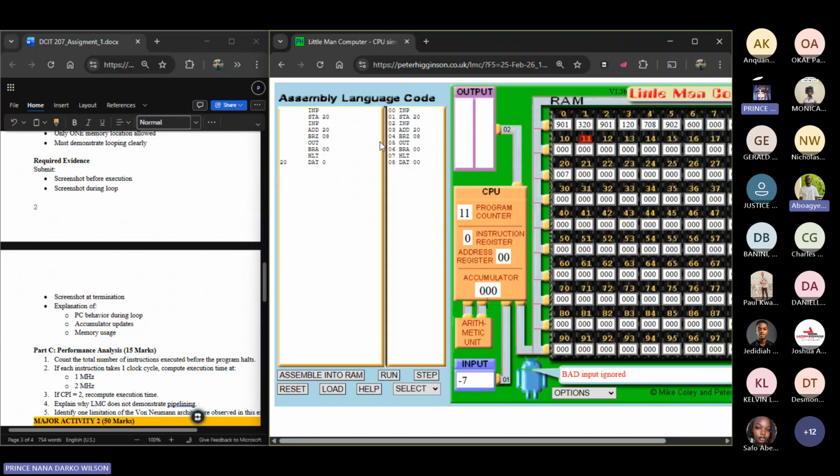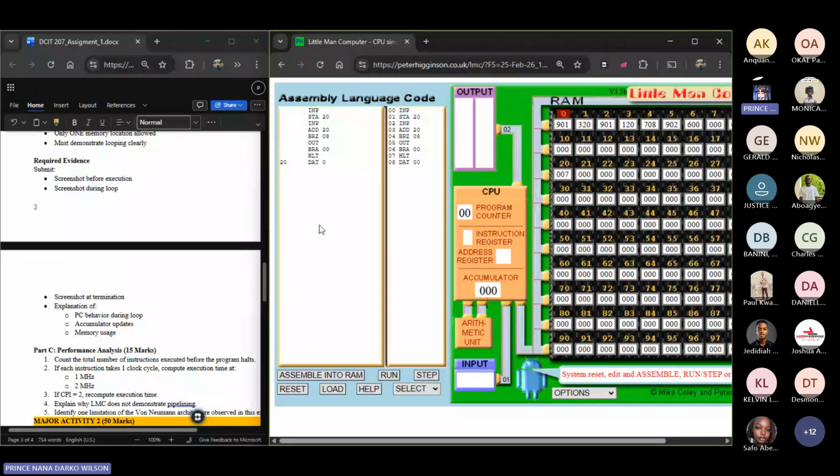Okay, branch to line 8 if 0. Then I placed another branch to 8 if 0 after the second input. Oh, okay. So branch to 8 if 0 after the first input and then branch to 8 if 0 again after the second input.